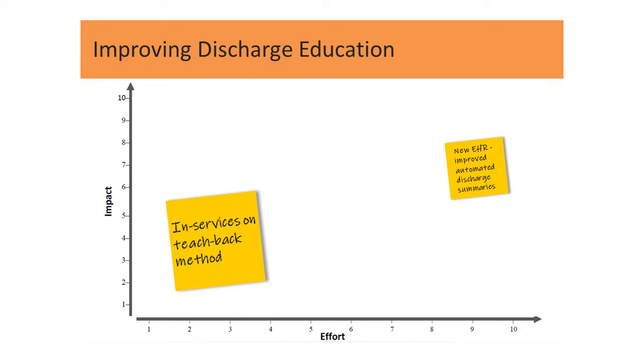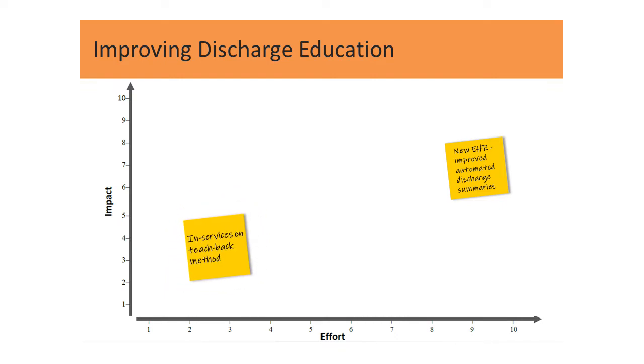In-services are a go-to strategy when implementing or re-educating a process, setting clear compliance expectations. That said, prior teach-back education was provided to staff, but validation of proficiency was never implemented. It seems this strategy may not have the greatest impact on verifying whether teach-back is actually being done.